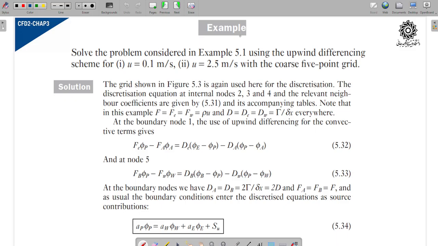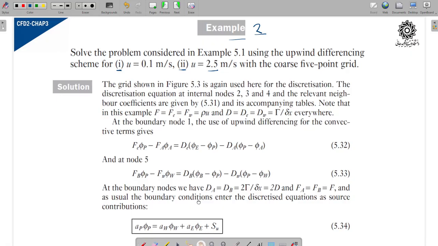New example. Example 2. Solve the problem considered in example 5.1 using the upwind differencing scheme for case 1, u equal 0.1 meter per second, and case 2, u equal 0.5, with a coarse 5-point grid.